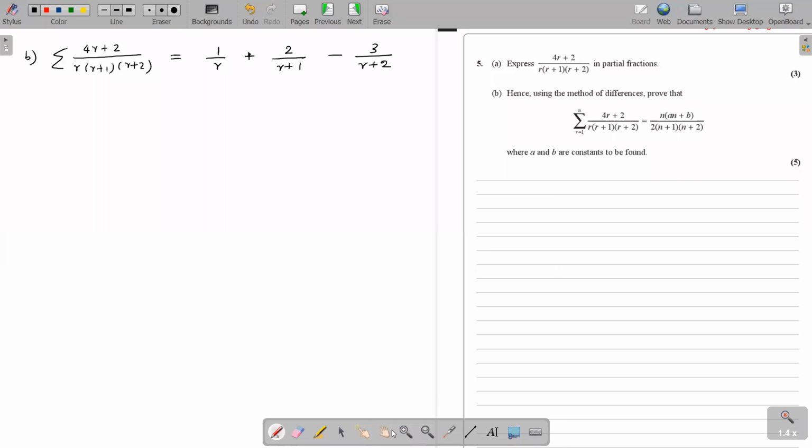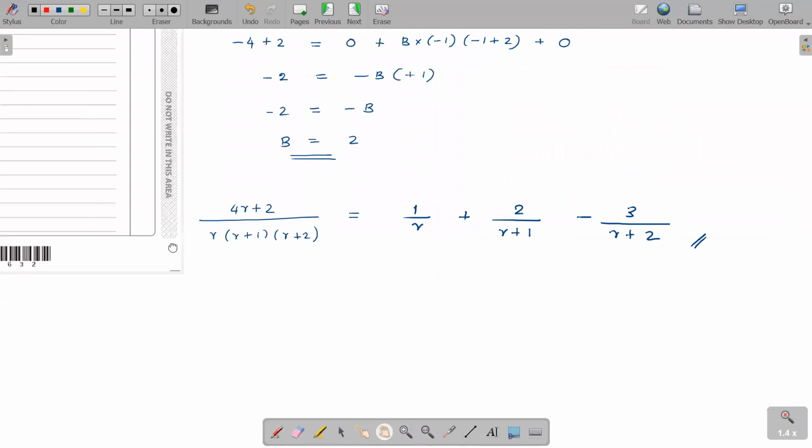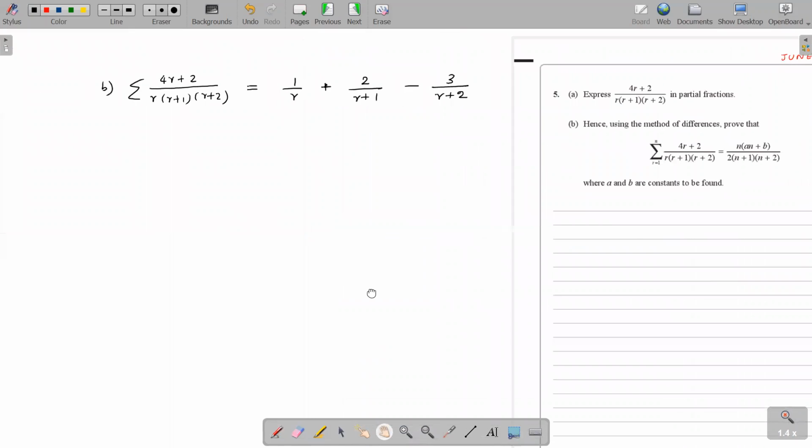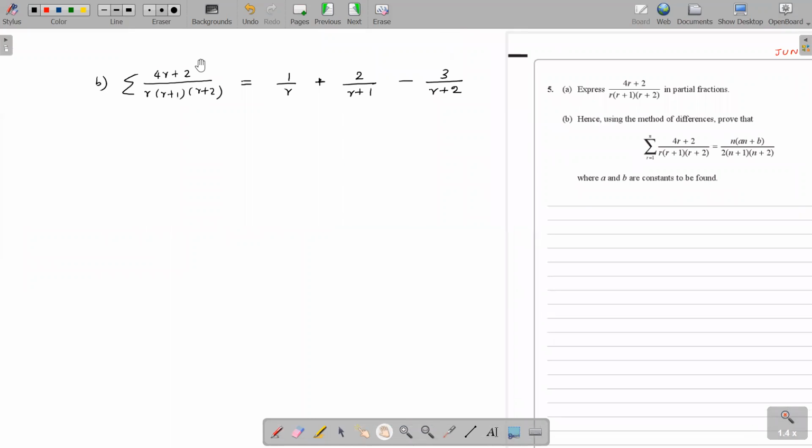This is what we got, right? Are you all with me? So instead of taking the summation of 4r plus 2 over r plus 1, r plus 2, we will now be considering the summation of 1 over r plus 2 over r plus 1 minus 3 over r plus 2. Okay, so let's take the summation.